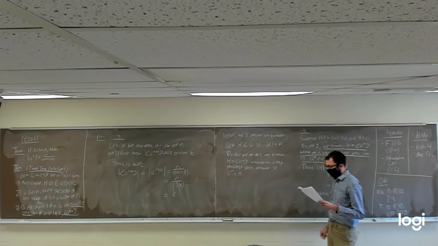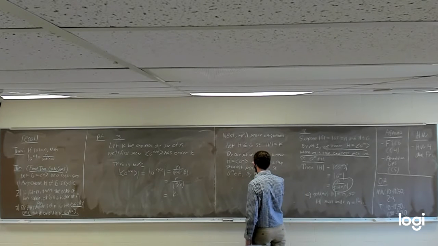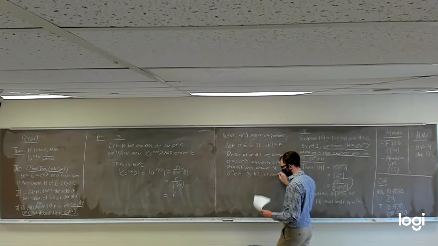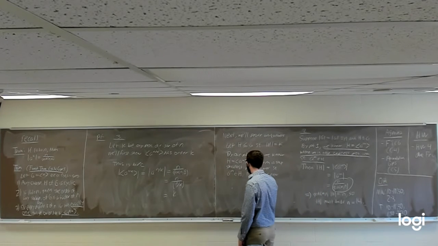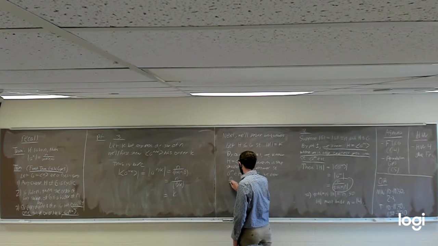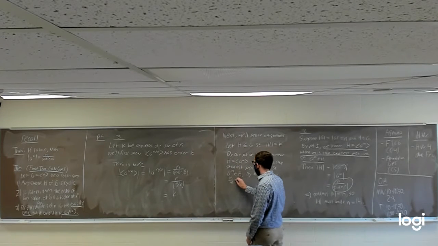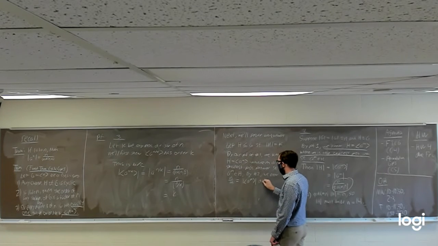Well then, by number 2, we know n over m, which is going to be the order of a to the m, divides n.